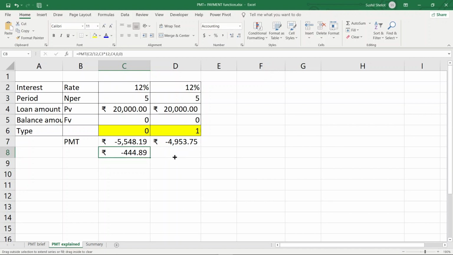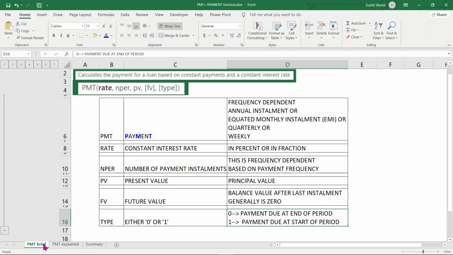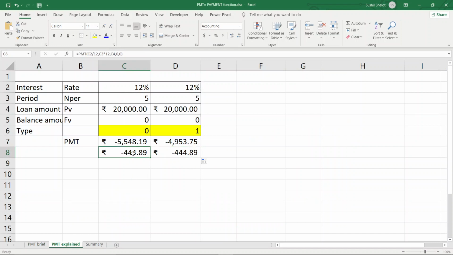If the same thing is applied here for the value at the end of the month, you see, it does not change much. For the period, that is month, it is minus 448.89, and the same remains even at the beginning of the month. So that is how one can find the value for the month.